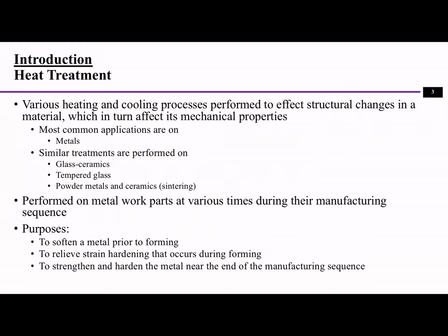It can also be performed during the forming process to relieve some of the strain hardening. It can also be performed at or near the end of the manufacturing process to increase the strength and harden the metal.